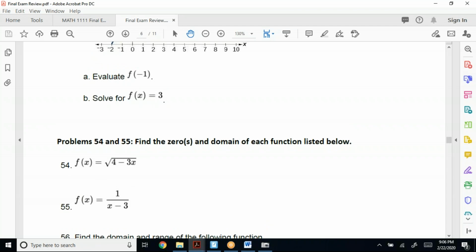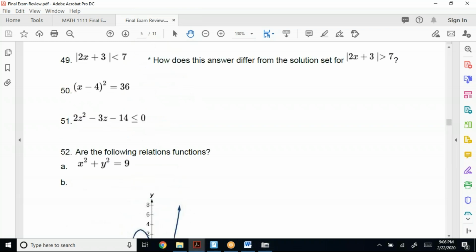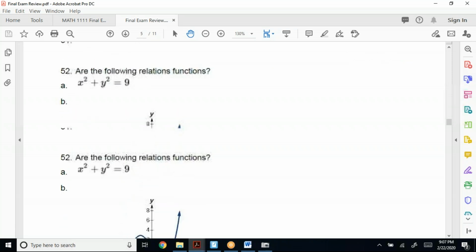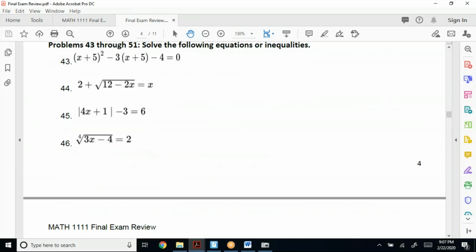And while I'm sitting here looking at problems, yeah, 54 would be a real good one. You don't have one like that, so you're okay on that. So don't worry about 51. Okay. Definitely something like 47.